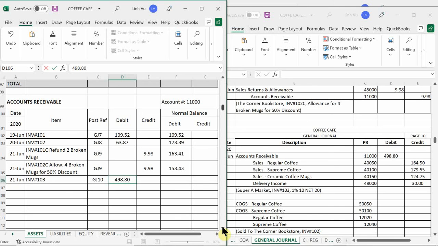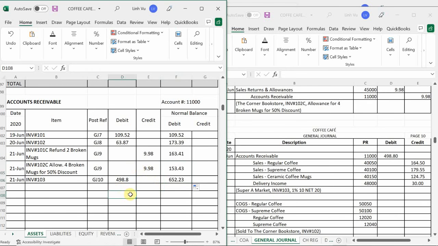So in this case, what's my grand total balance in my accounts receivable account? $652.23. Right? So we did our accounts receivable, sales regular, sales supreme, ceramic coffee mugs, delivery income.